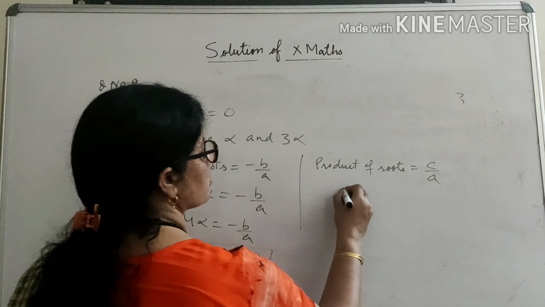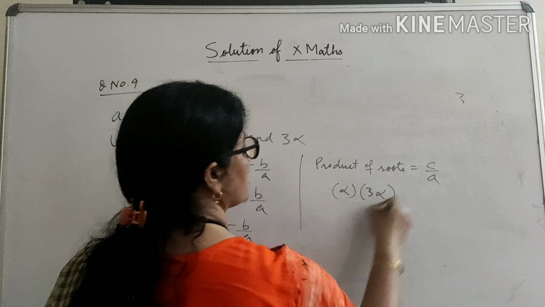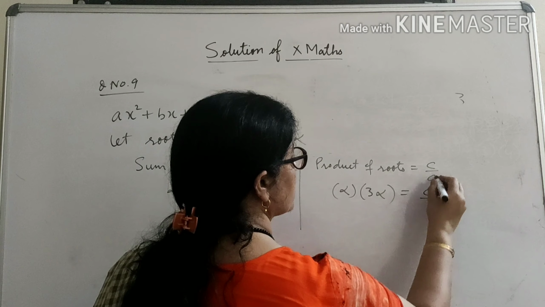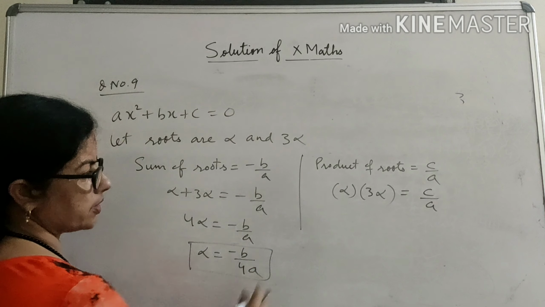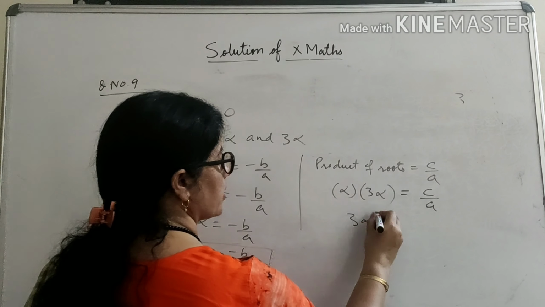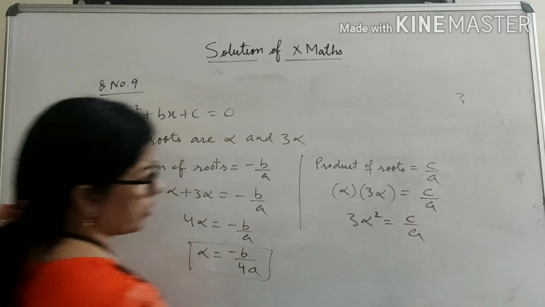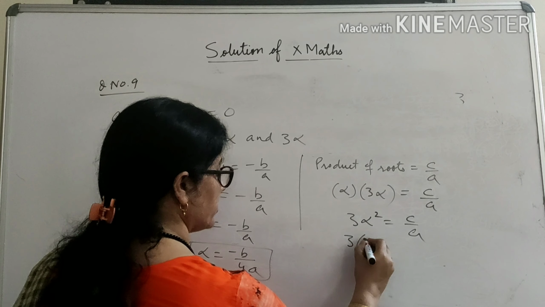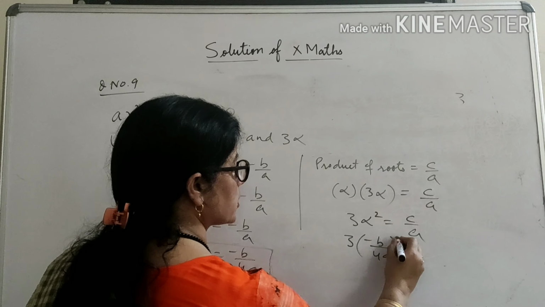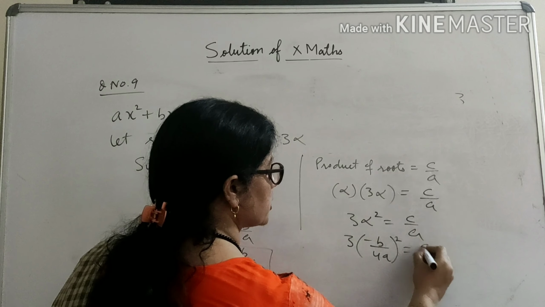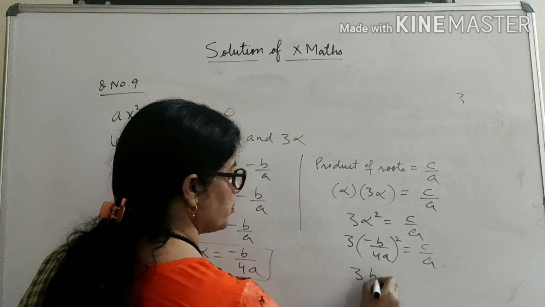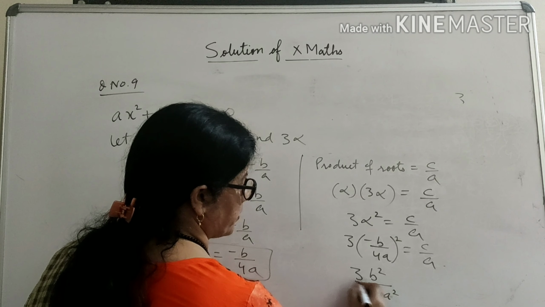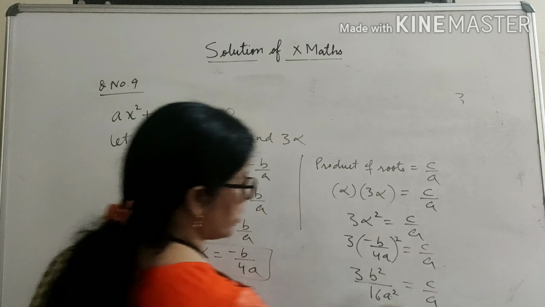Now product of roots means alpha into 3 alpha. Product of roots is equal to alpha into 3 alpha and here c by a as it is. 3 alpha square is equal to c by a. Put this value of alpha here. 3 into minus b by 4a whole square is equal to c by a. 3b square by 16a square is equal to c by a.